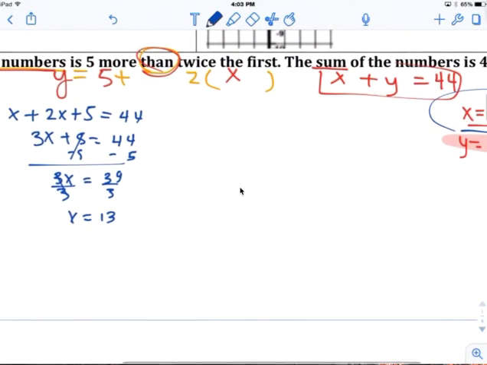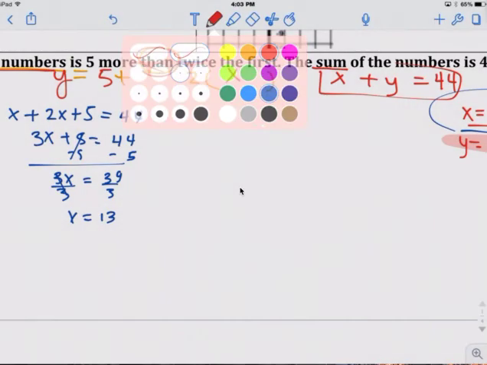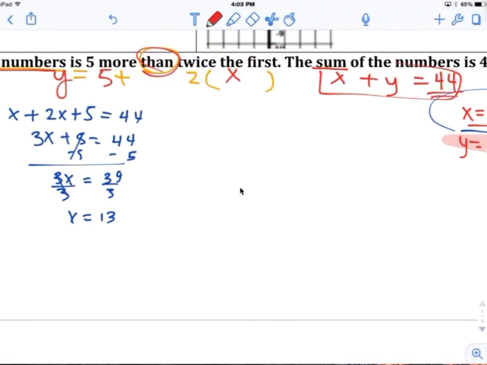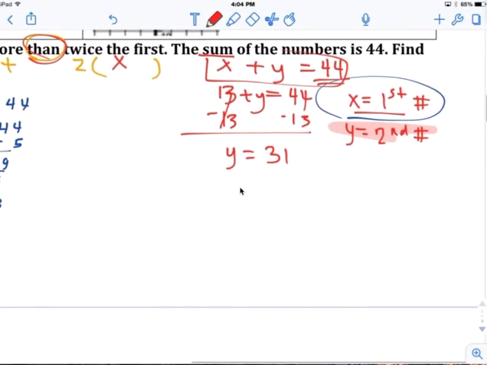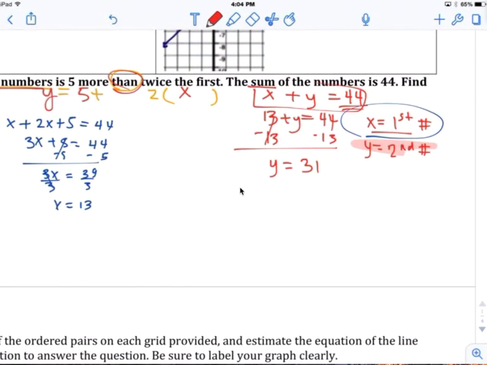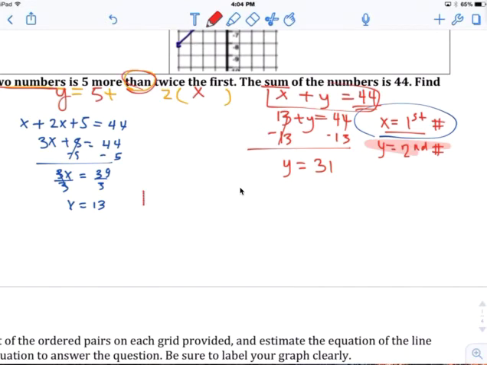Let's find the second number when they add up to 44. The first number is 13, plus what number will add up to 44? You can do this in your head, or you can solve this. Minus 13, minus 13. We get y equals 31. So the second number is 31.